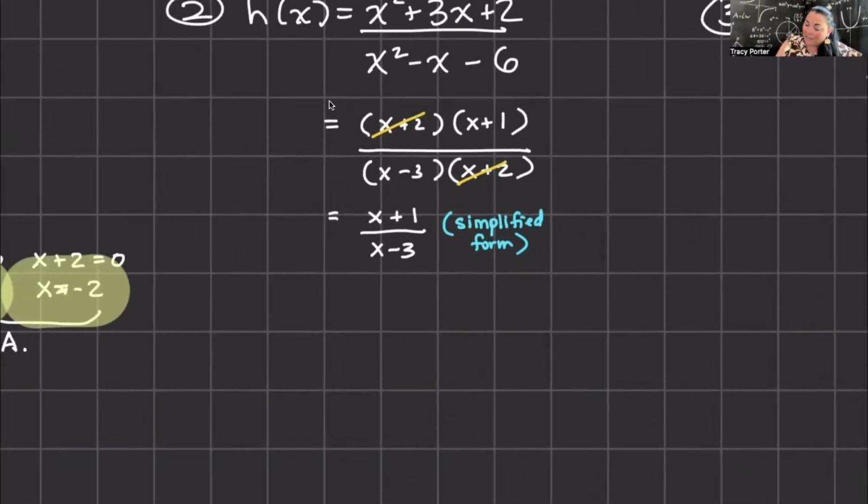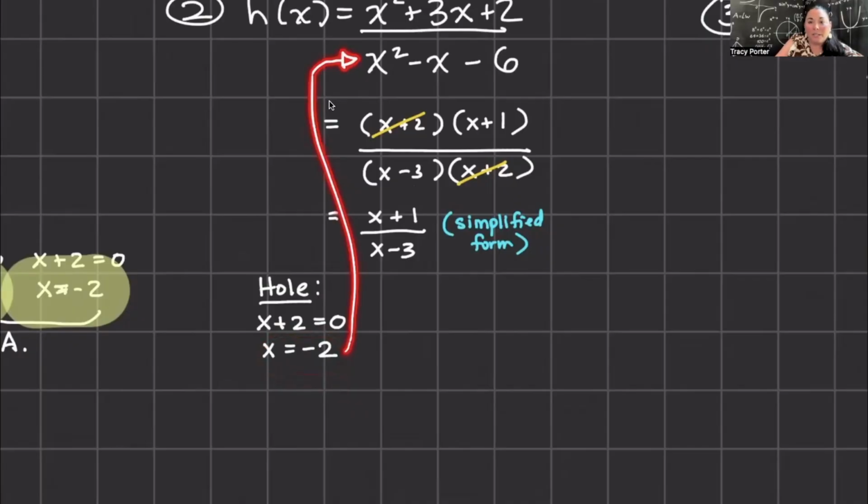Now the question is, where are the holes, if any? Where are the vertical asymptotes? So the common factor was x plus 2. So we're going to set the common factor equal to 0. So that means there's going to be a hole when x equals negative 2. So we said earlier that if you want to find the corresponding y value for that hole, we plug negative 2 into the simplified form, since the original gives a 0 in the denominator.